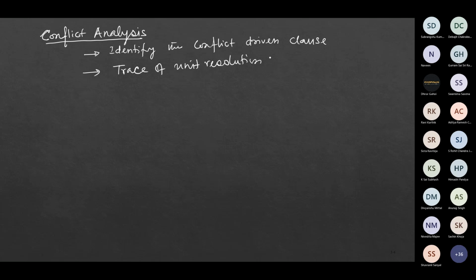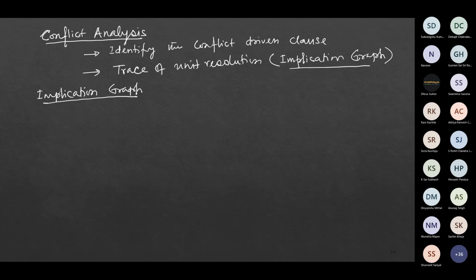This particular trace is represented using a data structure which we call the implication graph. We'll get to know why we call this an implication graph. So let us first try to define this implication graph. Let me first draw the graph and then explain why we call it an implication graph.